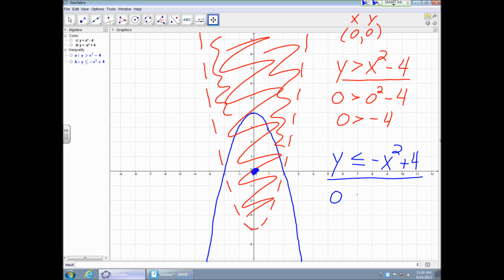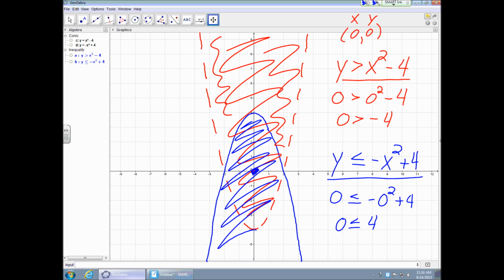We'll plug 0 in for y, 0 in for x. Is 0 less than or equal to 4? Yep, that's true also. So then we shade inside this quadratic.